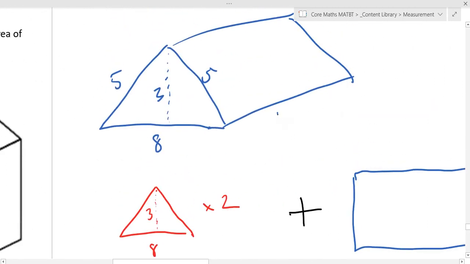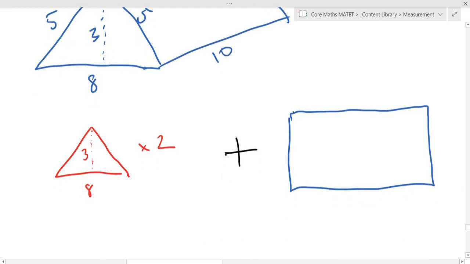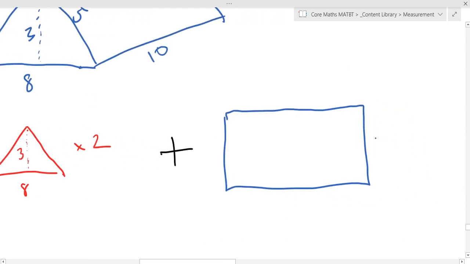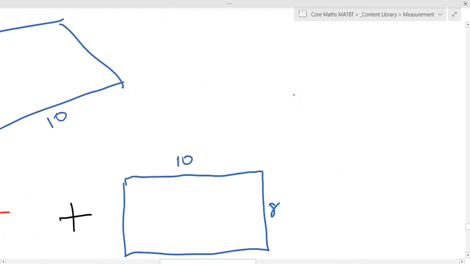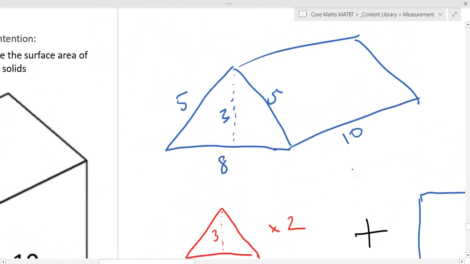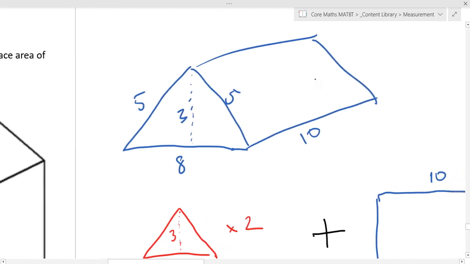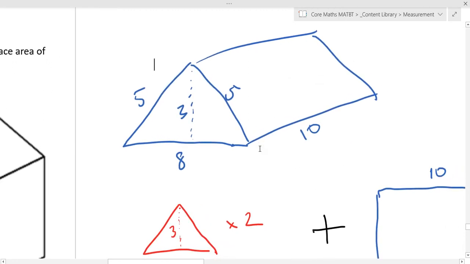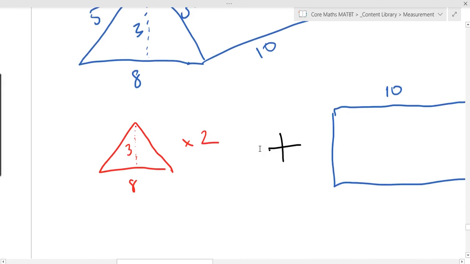That means on my rectangular part of the roof, this is 8 and this is 10, and I have 2 of those, because I've got this side here and also this side here on the other side. Now why don't I add the third side, guys? Because you don't see it, it's not exposed, and you're not going to have a roof or a ceiling inside your tent. That's just silly. So you don't include the third side there.